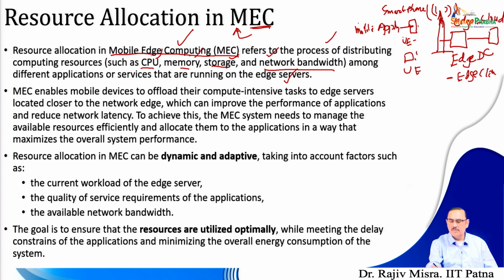So, what they will do? With the help of the MEC technology, they will be running these applications with the help of the edge data center or edge computing, and therefore, it is called mobile edge computing.